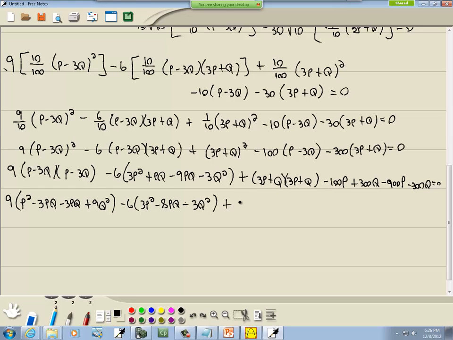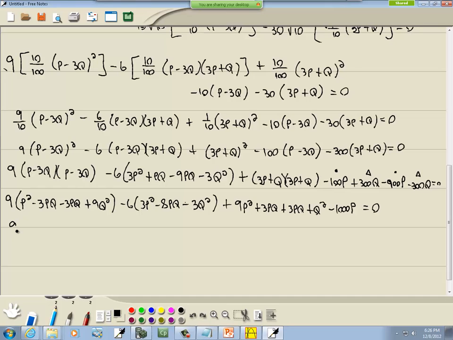Plus 3p times 3p is 9p squared. 3p times q is 3pq. Q times 3p is 3pq. Q times q is q squared. Now negative 100p and negative 900p, I'll combine this term with this term, and we get negative 1000p. 300q minus 300q drops away, so equals 0.